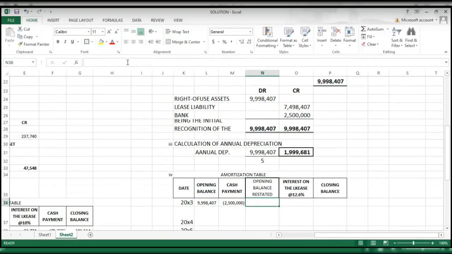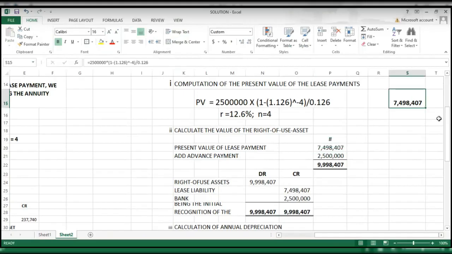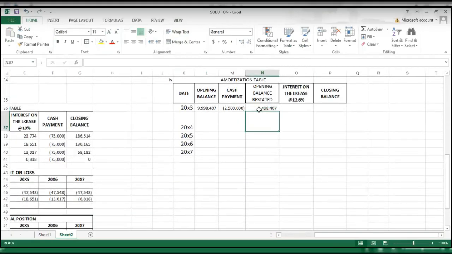So we have to restate it by deducting the amount that is paid from what is outstanding at the beginning. So this becomes our lease liability. Don't forget, it's the same thing that we now have as our outstanding liability at the beginning. So interest will now be computed on this, that is, this times 12.6%. That's the interest. And then the closing balance will be the addition of these two.